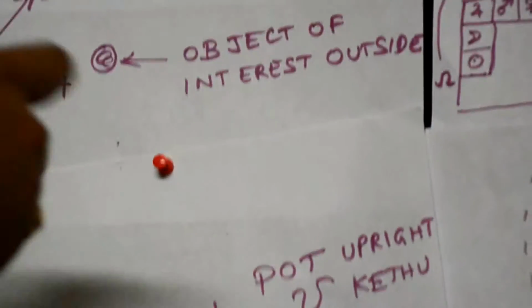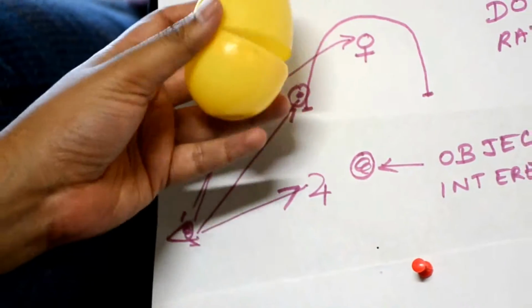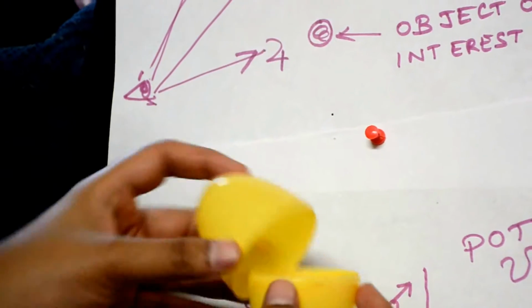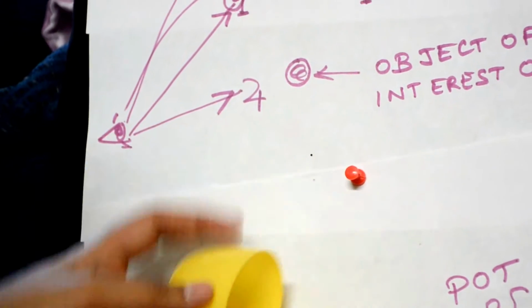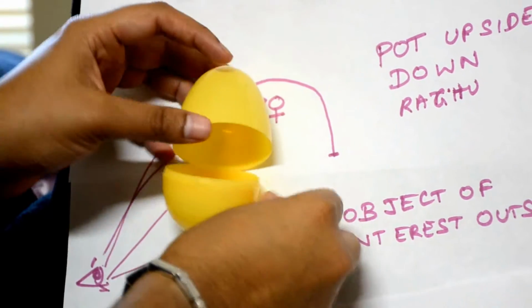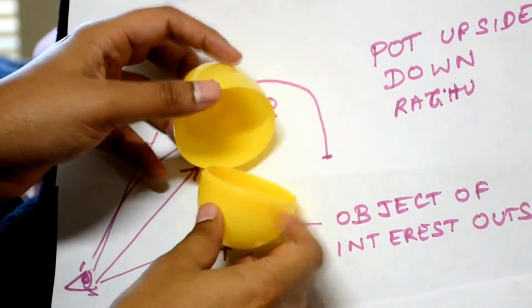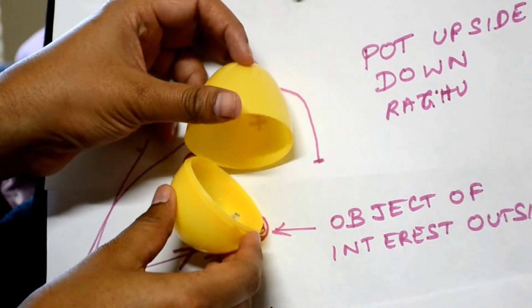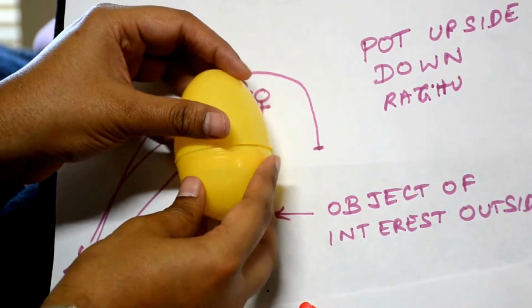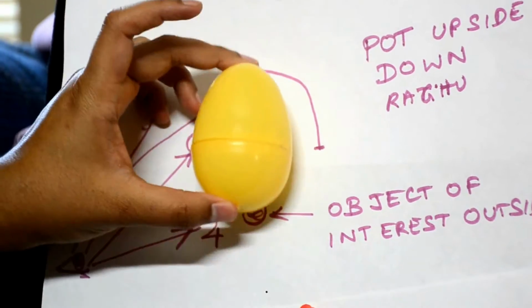Now we will see how this is connected to an Easter egg. See, this is upside down, this is upright, and the object of interest is always inside. When it comes outside, though it is inside the lower part, it is still outside the upper part. So what you can do is just close this Easter egg part.